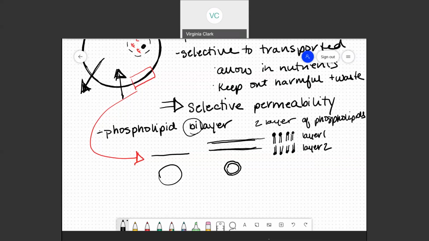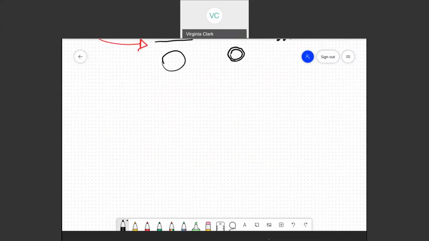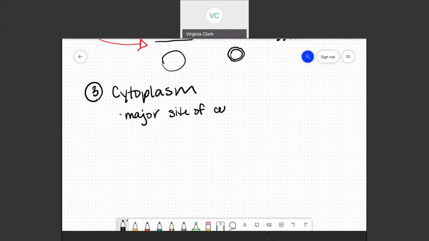Okay, so we had the nucleus, and then we had the plasma membrane, and there is a third feature to your cell that we need to talk about, and that will be the cytoplasm. The cytoplasm is essentially everything else. So this is going to be the major site of cell activity. This is where you will find the majority of normal cell functions.